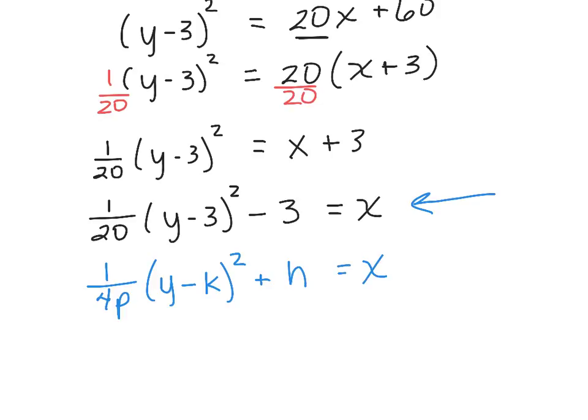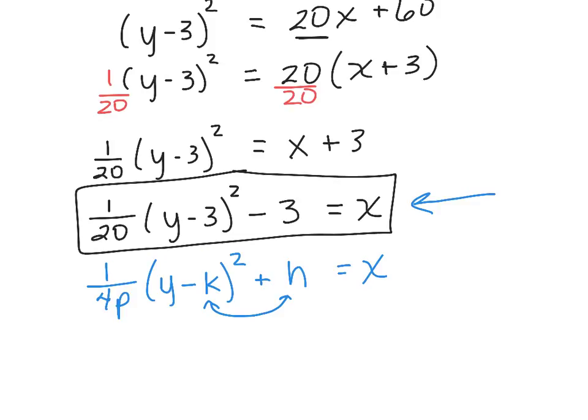So remember that when the parabola opens left or right, these switch places as well as the x and the y. So this is our equation. Our vertex, remember, is h comma k. So in this case, the vertex is going to be h, which is negative 3, and k, which is 3.